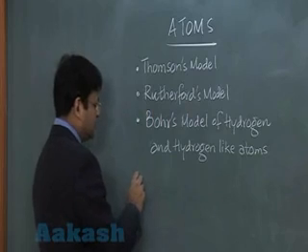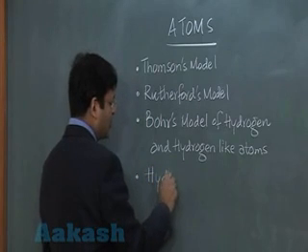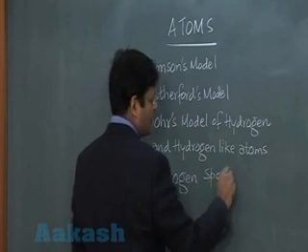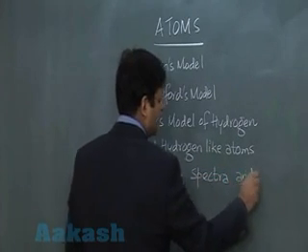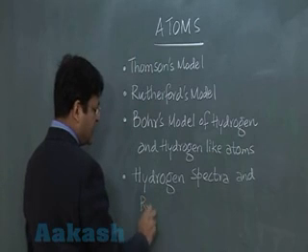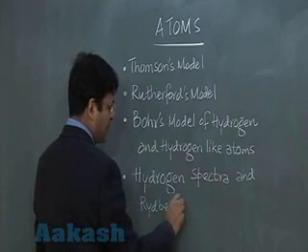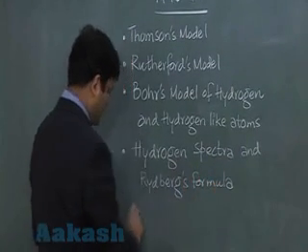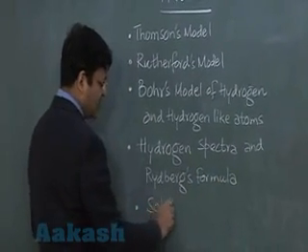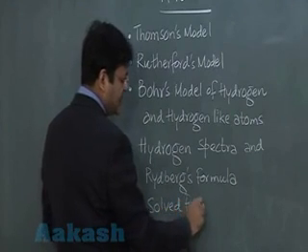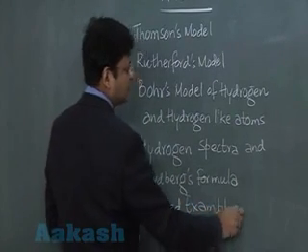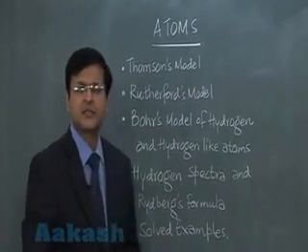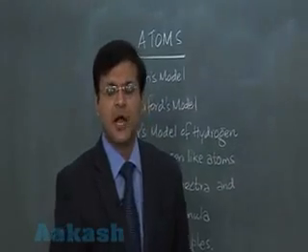Now, based on which we talked about hydrogen spectra, and explaining that was the Rydberg's formula. And then you had several solved examples explaining the underlying concepts. Understand? So this is all we had in our first part of the discussion of the chapter of atoms.